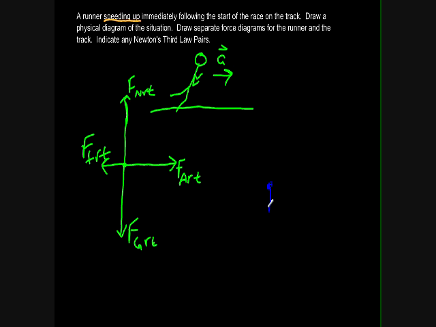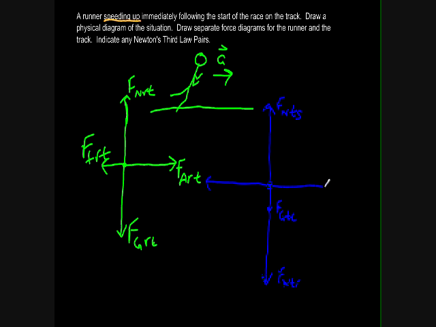We still have that, yay, FG on the track by the earth. This one, which is FW on the track by the runner, so that's still there. The upward arrow, FN, on the track by the surface, or the ground. And now this one needs to become still the same size.